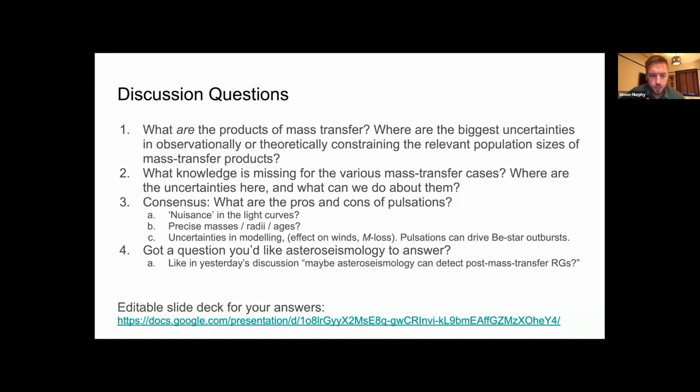When we look at clusters and associations, what we're finding is that the younger clusters and the younger associations have higher pulsator fractions. And so that would suggest that it is not systems that have had mass transfer that are dominating this pulsator fraction.